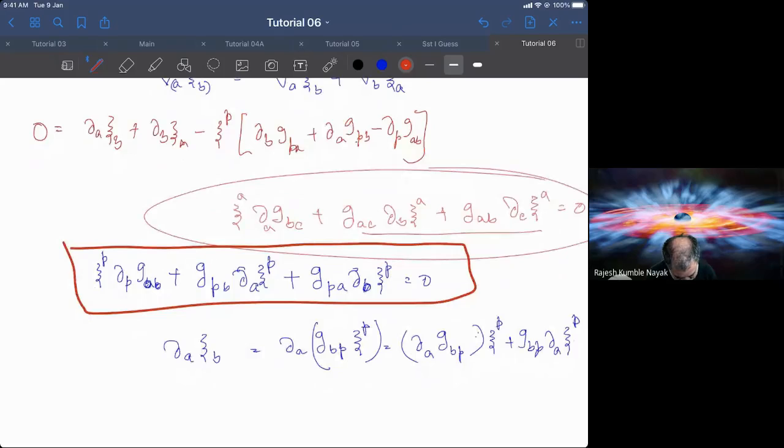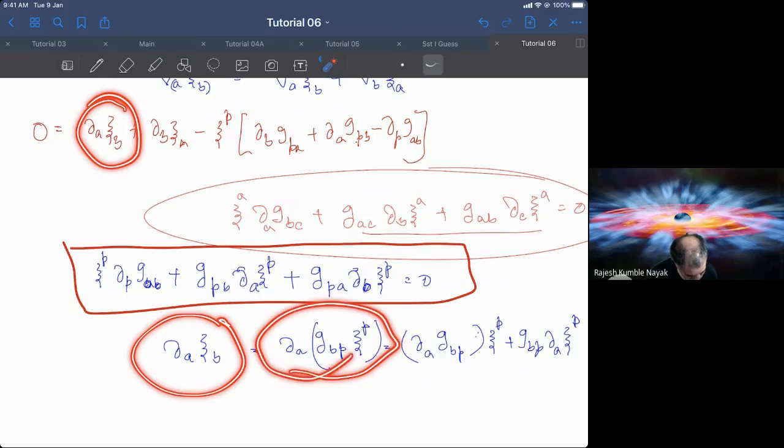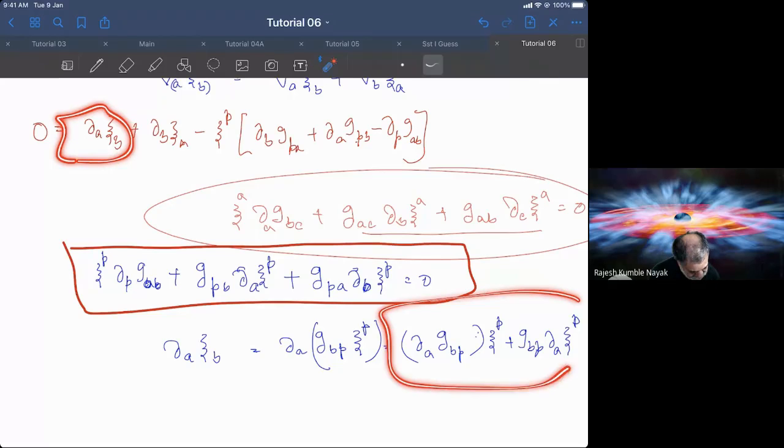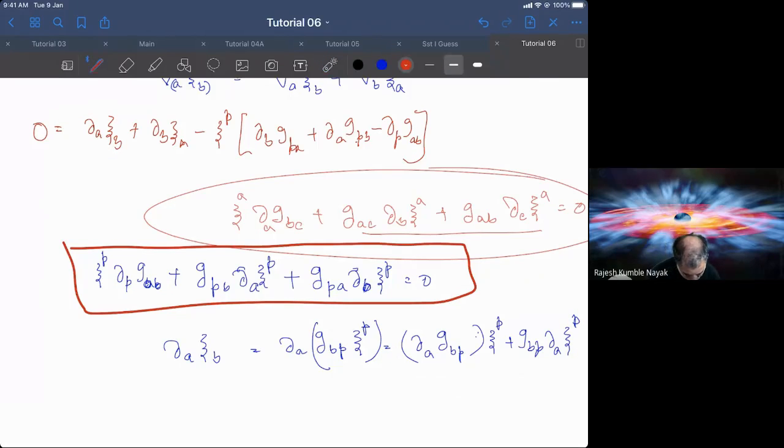So let's take this term. I do this, then play a trick, and then expand this. So then this term is equal to these two terms. So let's substitute that. Now what we have is first term as G_A, G_BP into xi_P plus G_BP into G_A xi_P.